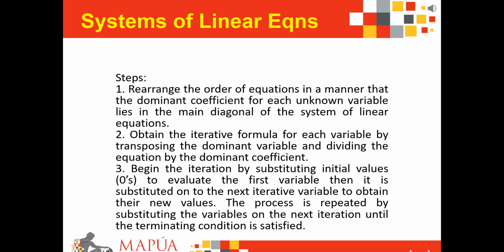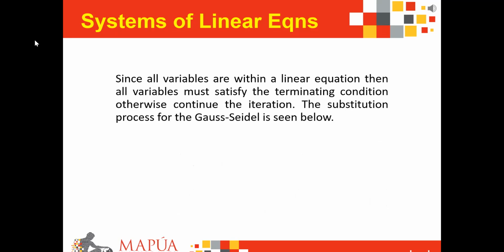The process is repeated until the substituted variables on the next iteration satisfy the terminating condition. Since all variables are included within a given linear equation, all variables must again satisfy the terminating condition, otherwise the iteration continues.